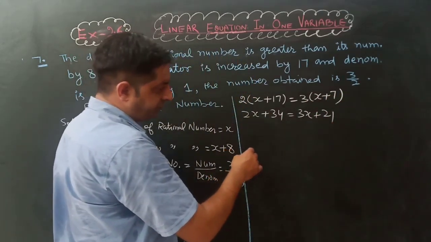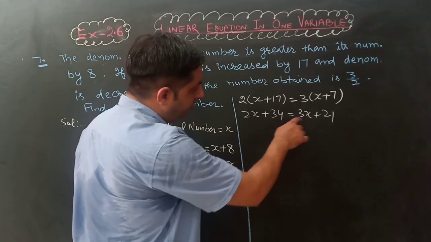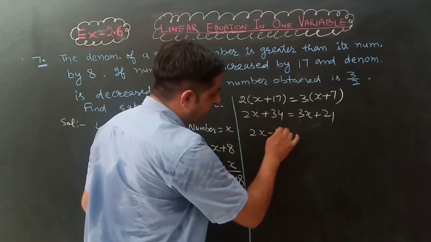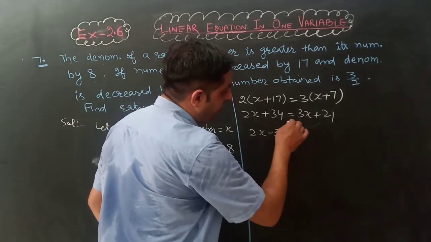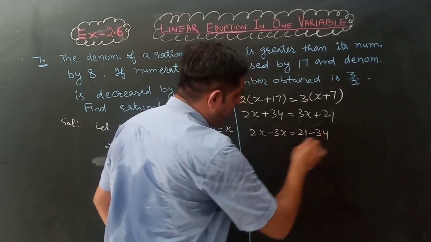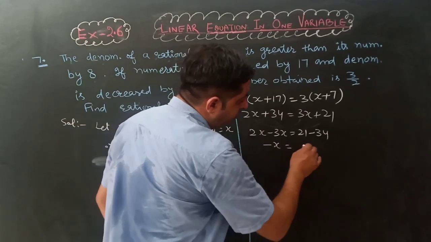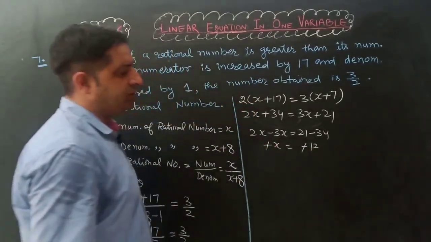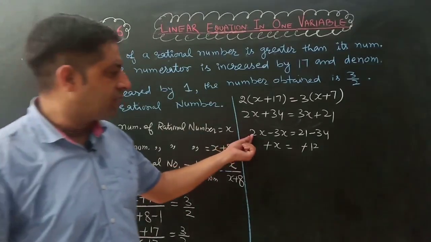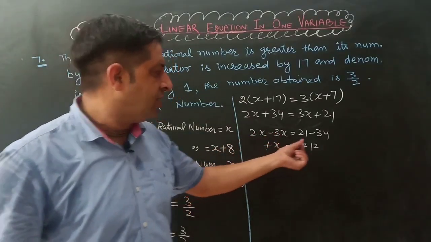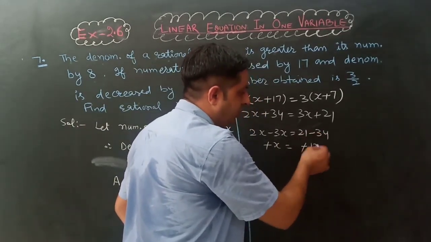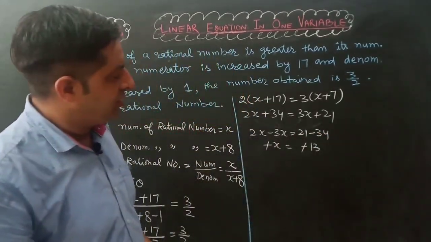Now shift 3x to this side and 34 to that side. 2x minus 3x is equal to 21 minus 34. So minus x is equal to minus 13. This will cancel, so x becomes 13. Got it? 2x minus 3x gives minus x, and 21 minus 34 gives minus 13.